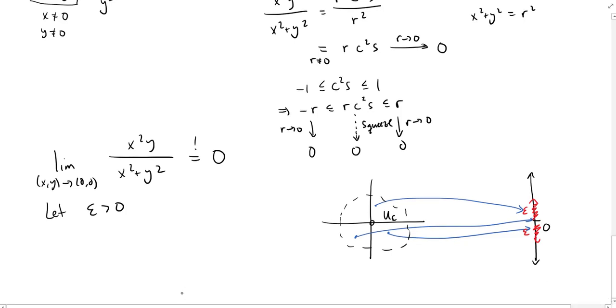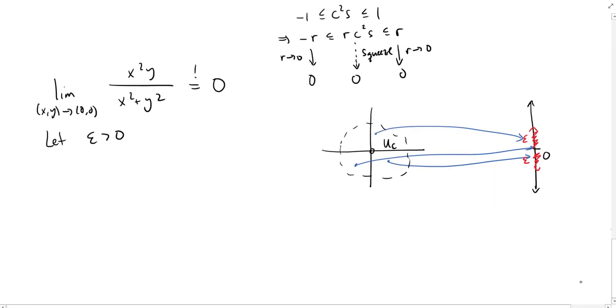Okay, so how do we do that? Well, in order for everything to map in here, that means the distance between the values of this function and 0 have to be less than epsilon. So let's compute that distance. So x squared y over x squared plus y squared. How far away is that? Remember, when you do the absolute value of a difference, it tells you the distance between those, has to be less than epsilon.